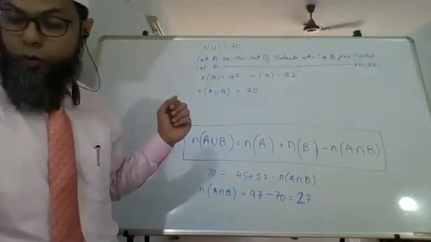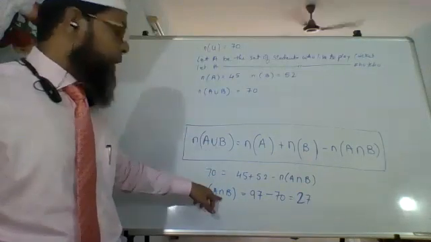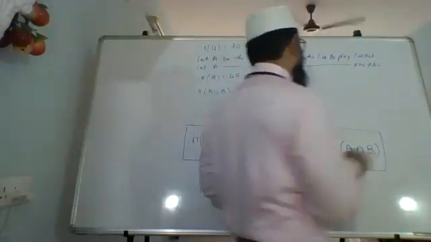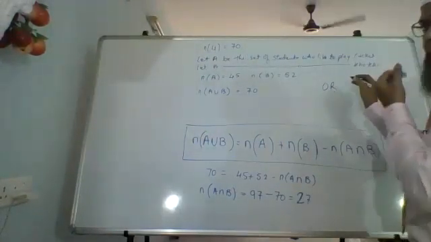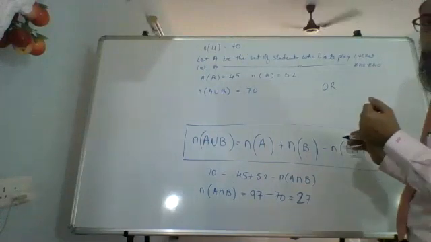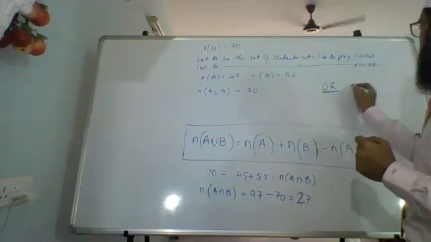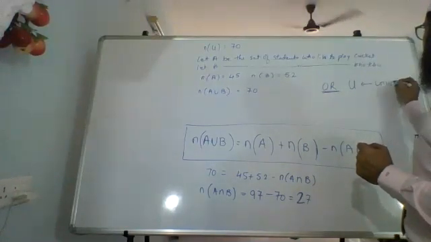Now, in a word problem, sir, when will union come and when will intersection come? That can be confusing. So when the word or comes, how many like to play cricket or kho-kho? The moment or comes, you use union.